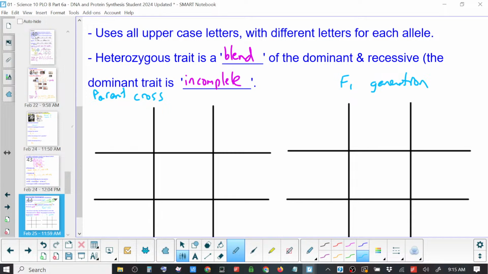You need red, pink, and something that's not quite white, but you can pretend is white on a white page and call white. So, parent cross here, F1 generation there.